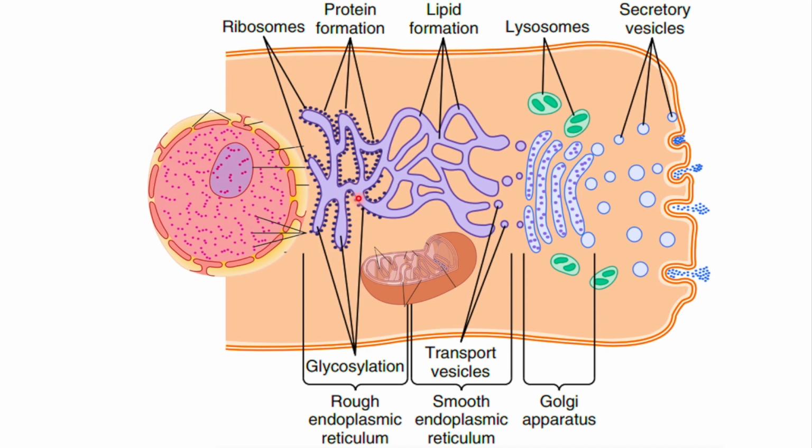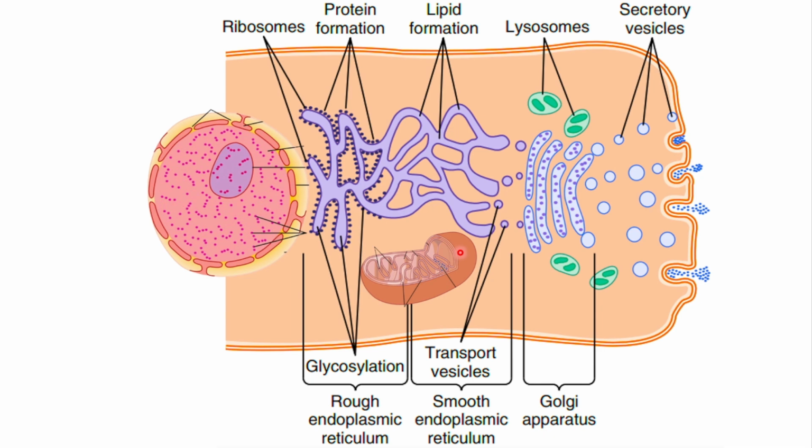Endoplasmic reticulum will modify the proteins by enzymes on their surface, and it will send the protein in the form of transport vesicles to the Golgi apparatus, where the Golgi apparatus will do further modification, and then the packaging of the proteins will be done, and by budding off, the lysosomes, the different secretory vesicles, and the peroxisomes are formed. So this is the whole story, and the energy is provided by the mitochondria.